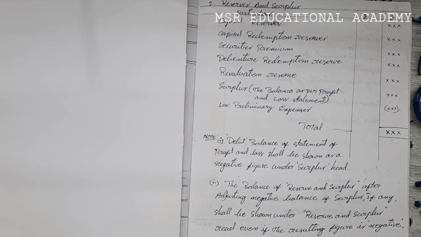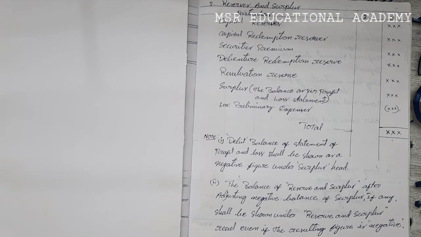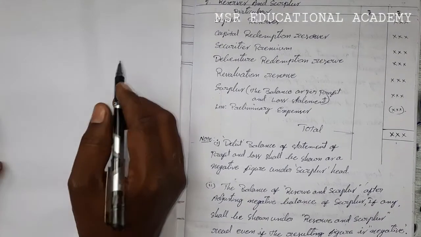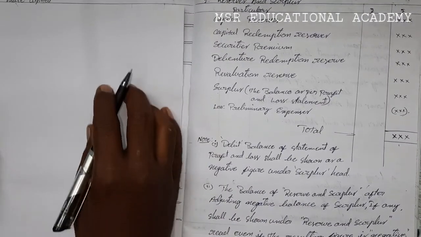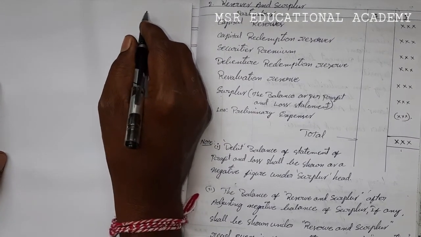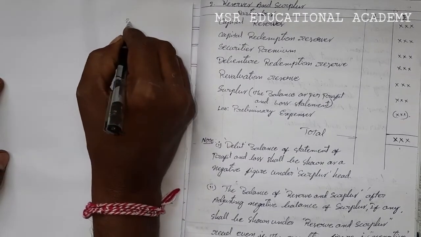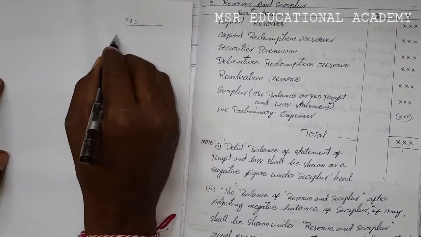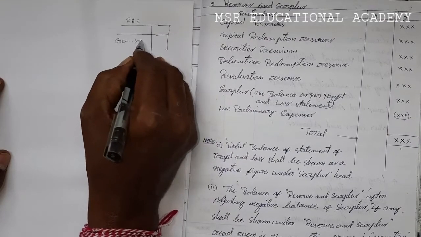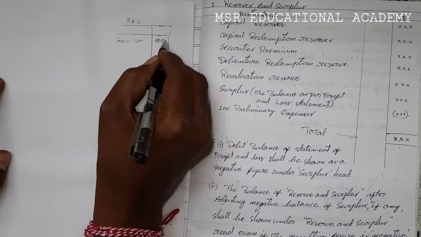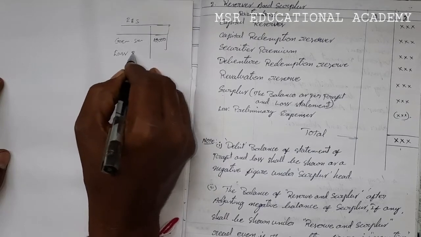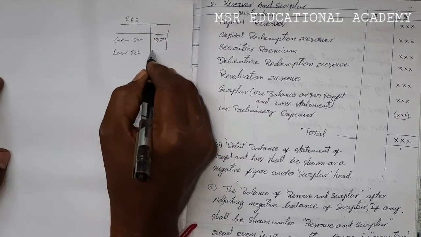In that situation, if the negative value is more, the reserves and surplus negative is more, then for example, there is general reserve, example 10,000, and loss from profit and loss statement, for example 15,000.